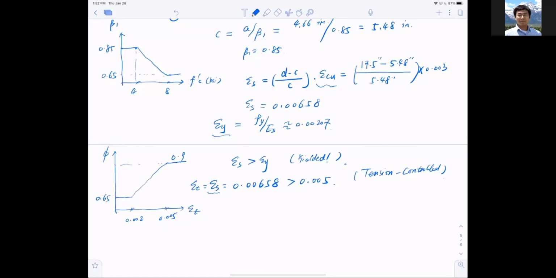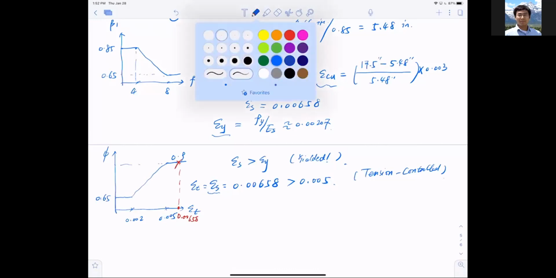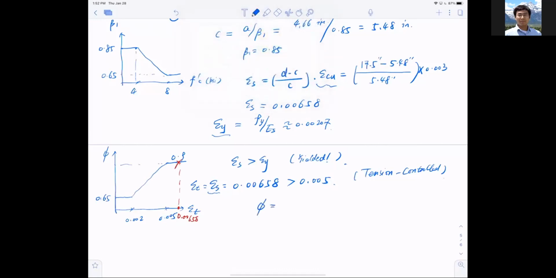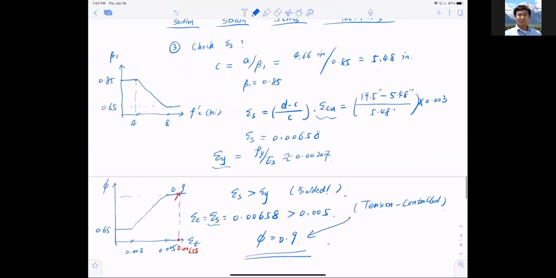So where are we at? We are somewhere here, 0.00658, so definitely 0.9. So immediately I say phi equal to 0.9 because it is tension controlled.